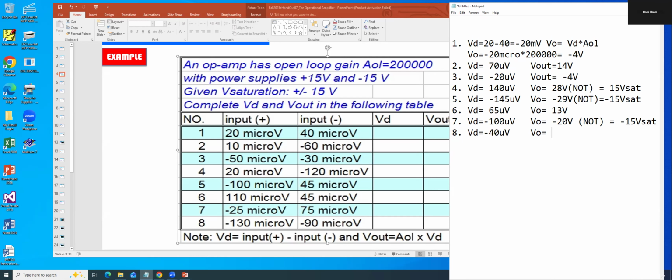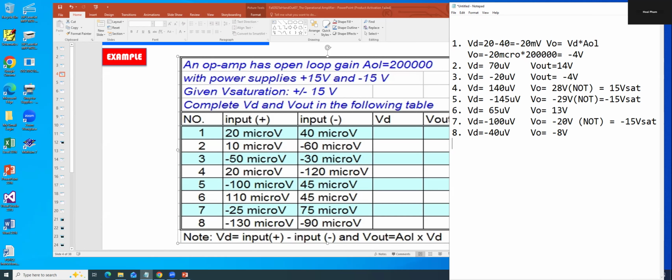Minus 8 volt. Yeah, minus 8 volts. Okay.